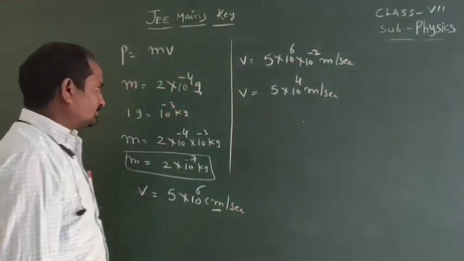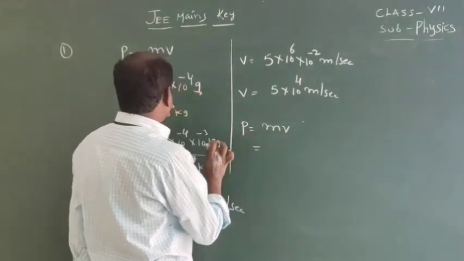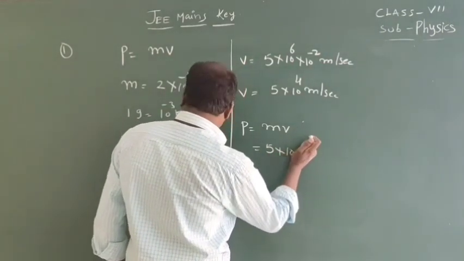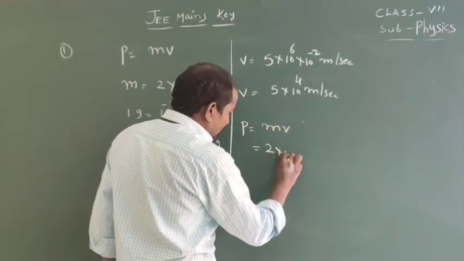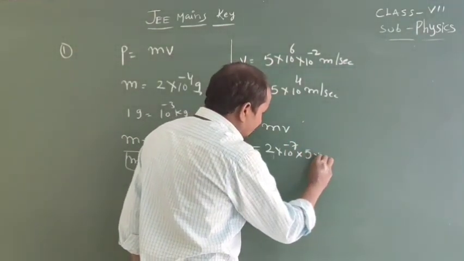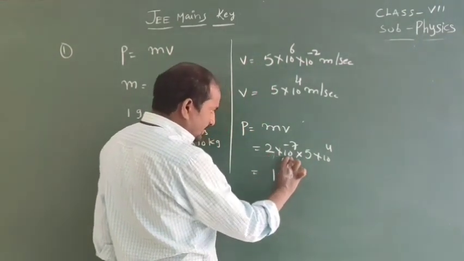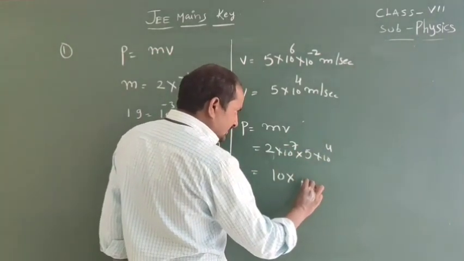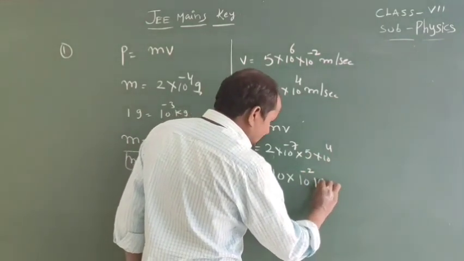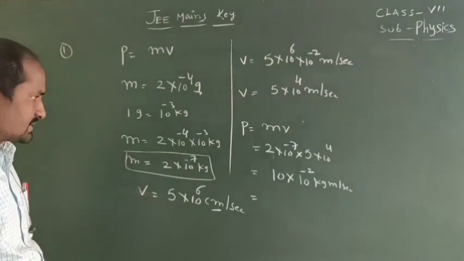That is velocity. Now momentum P equals m × v. Mass equals 2 × 10^-7 into velocity 5 × 10^4, that is equal to 10 × 10^-3, which is 10^-2 kg meter per second.